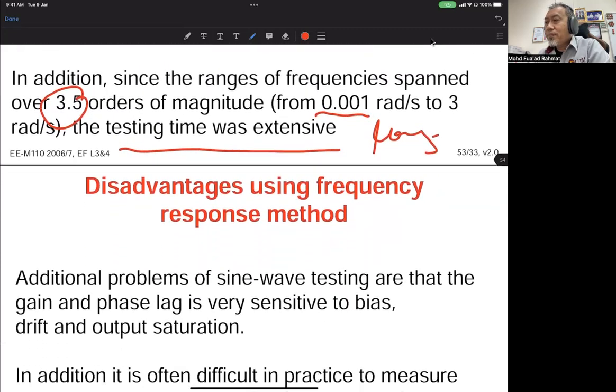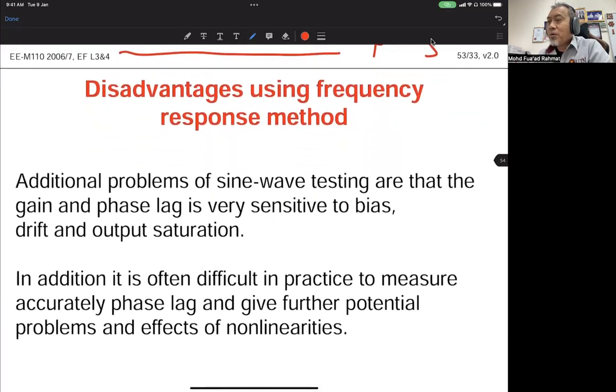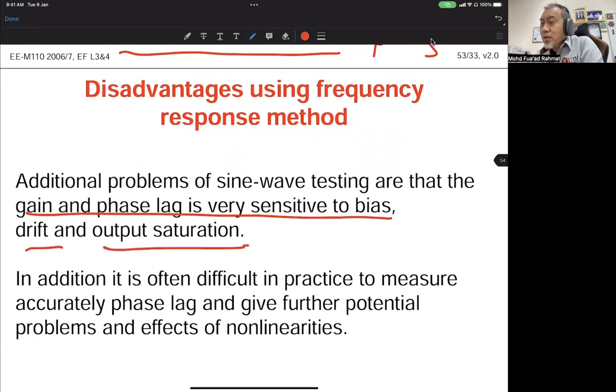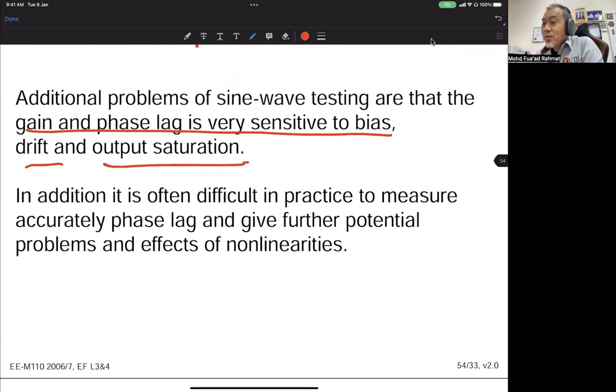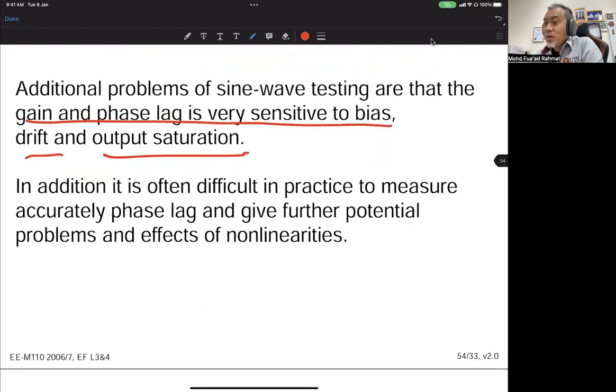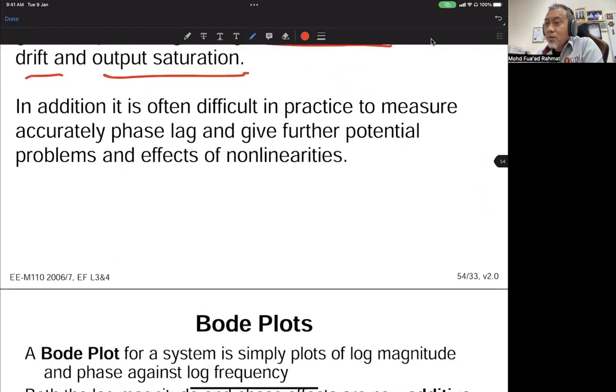Okay, but quite long. Okay, an additional problem of sine wave testing is that the gain and the phase lag are very sensitive to bias, drift, and output saturations, due to the equipment or due to the measurements. So it is often difficult in practice to measure phase lag accurately, and there are further potential problems and effects of non-linearities.